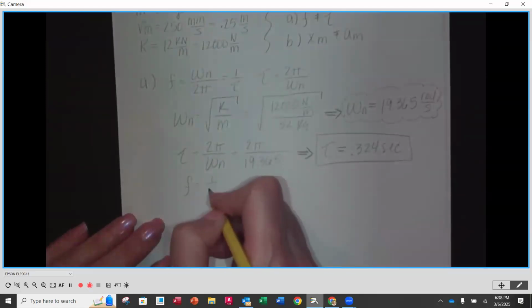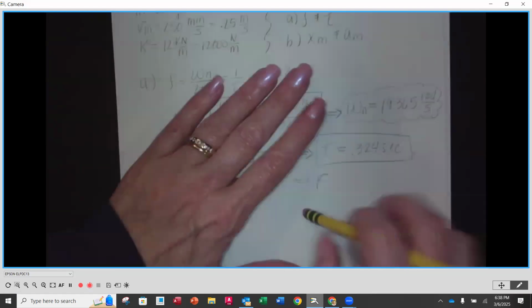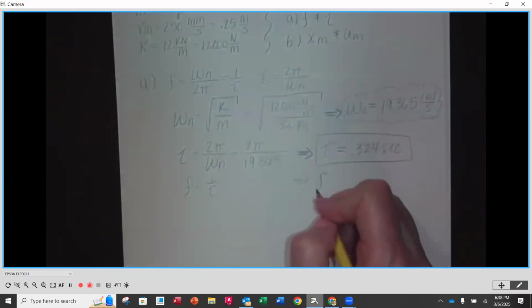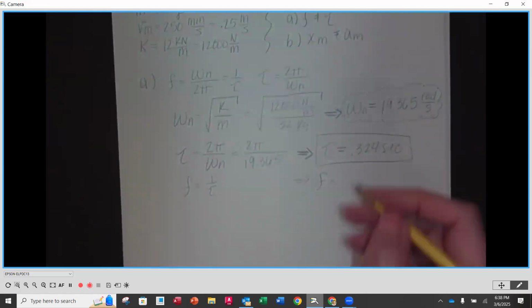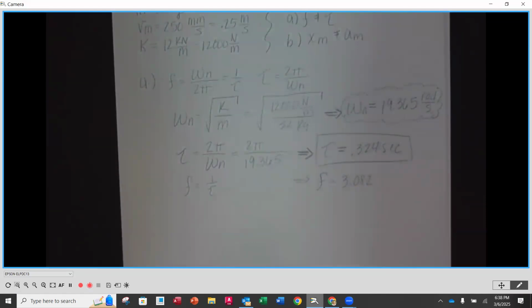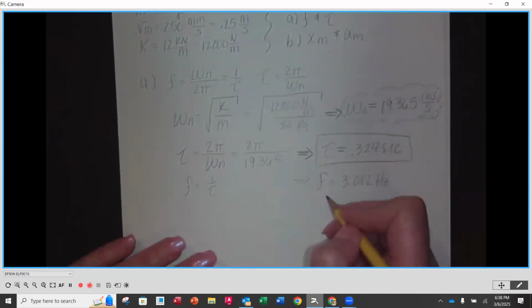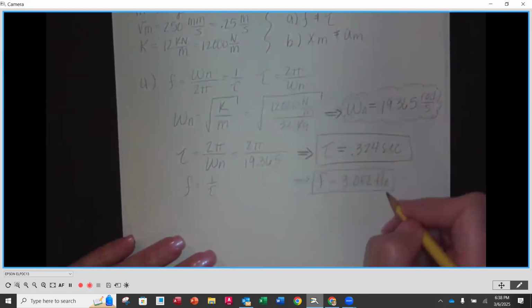And then our frequency is going to be the reciprocal, so our frequency should be 3.082. This is cycles per second, or hertz.